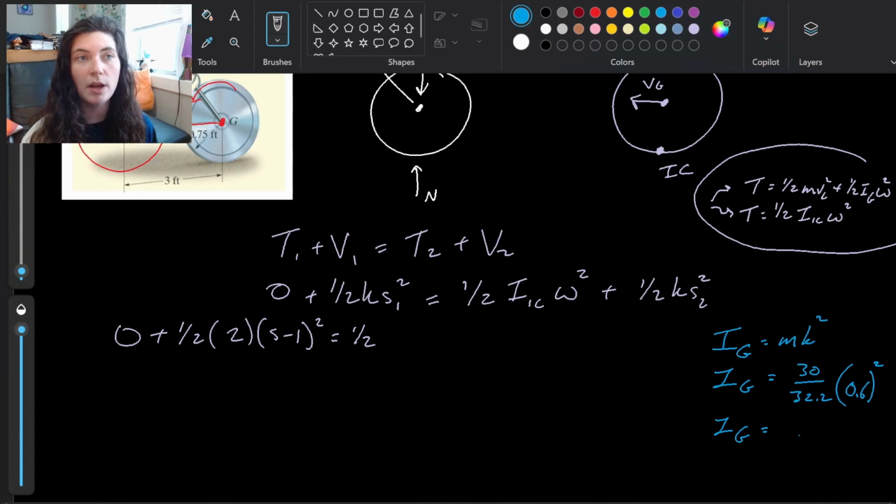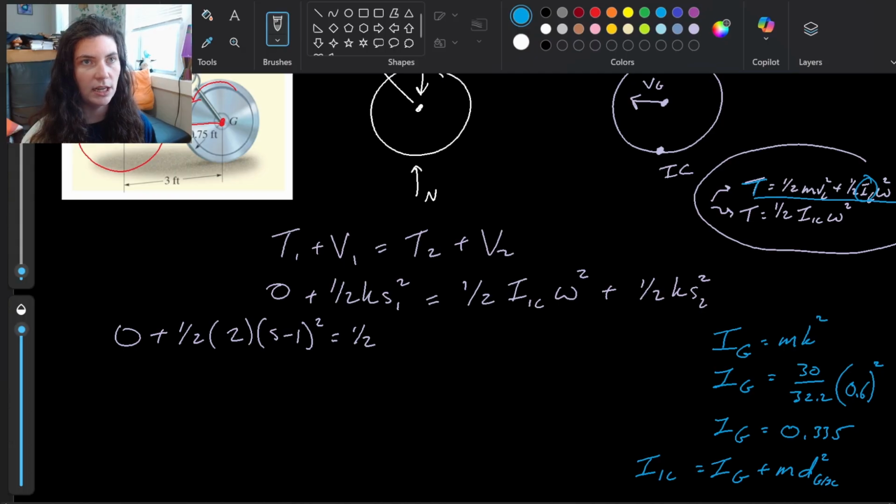And again, if I wanted to just keep this IG value of 0.335 that we found, I could use it in this top T value right here. But since I said I was going to use IC, I'm going to convert this over into my moment of inertia about IC, which is just IG plus mass times the distance between G and IC squared.